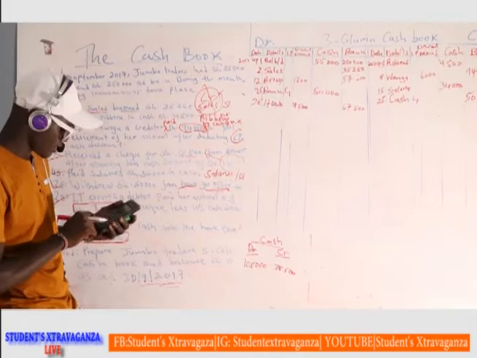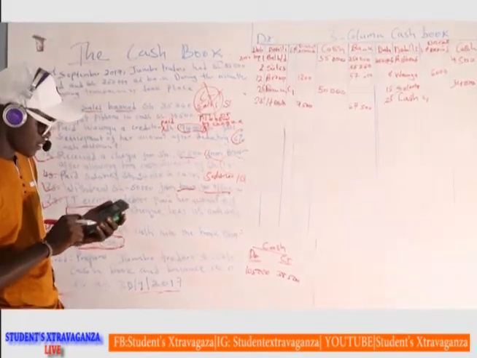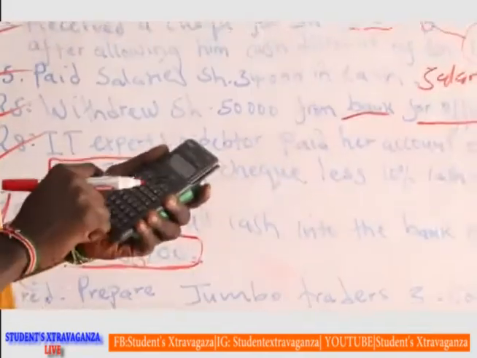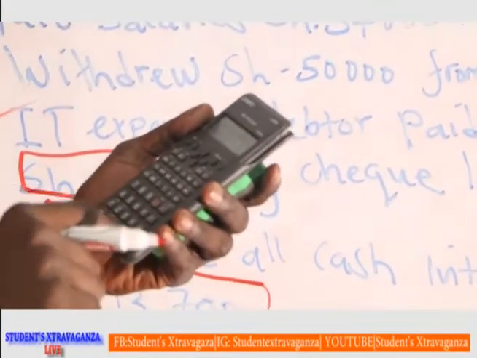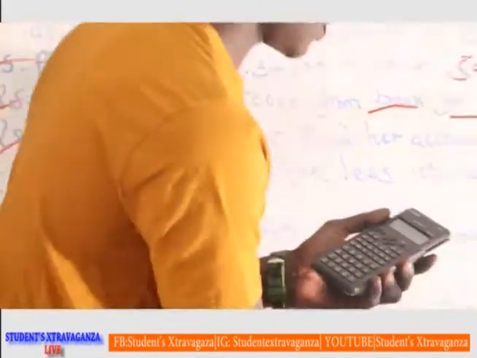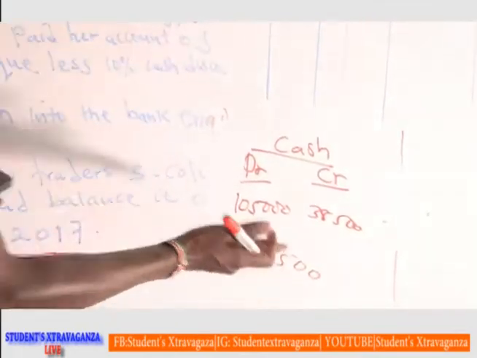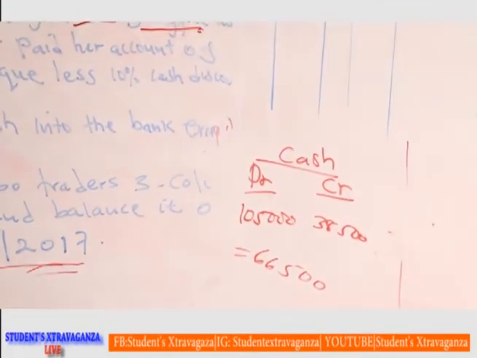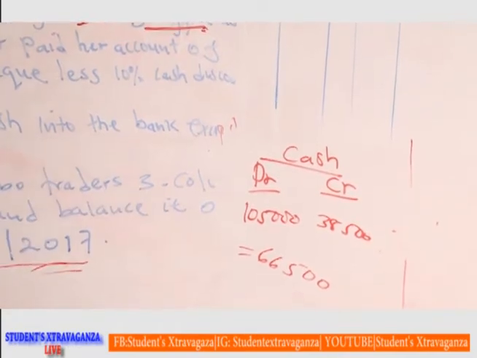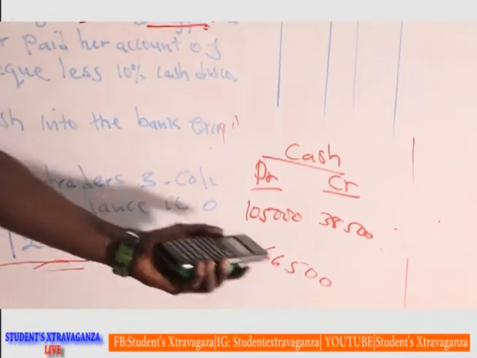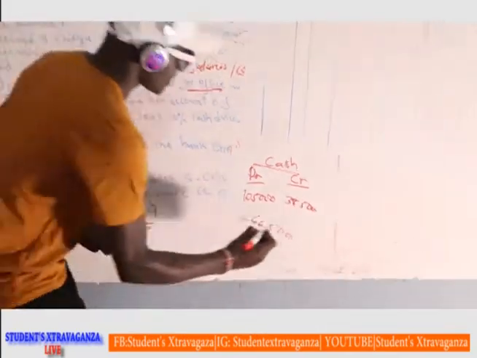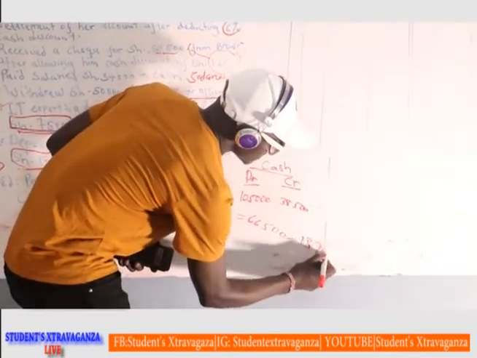So we have 105,000 minus 38,500. We have 66,500. This is the cash that we are having. So we are saying that we deposited these except 13,700, minus 13,700.